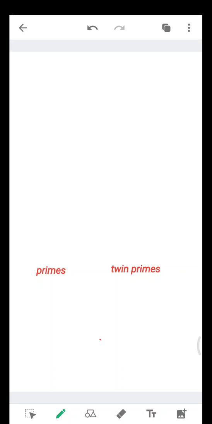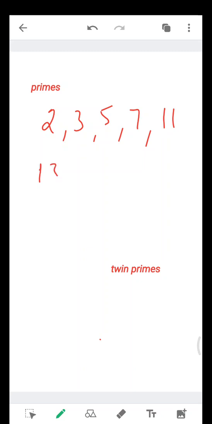So you learned about primes. What are prime numbers? Numbers which have 1 and itself as factors. For example, what are the prime numbers? 2, 3, 5, 7, 11, 13, 17, 19.